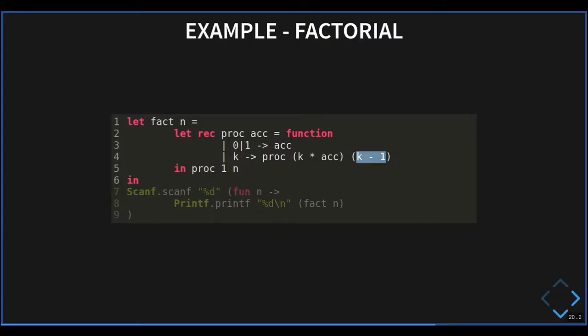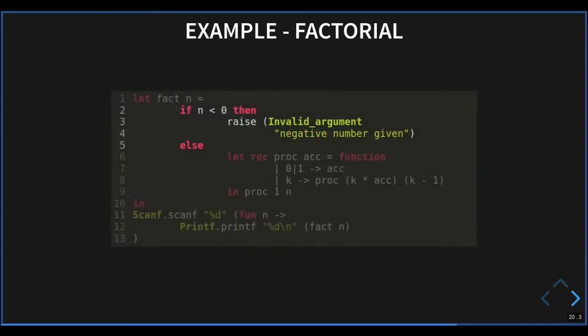And this will be called recursively until this function is called with value 0 or 1, in which case it will just return the accumulator. And we can also add some checking to make sure that the function is called only with non-negative values, and raise an exception for values that are negative.